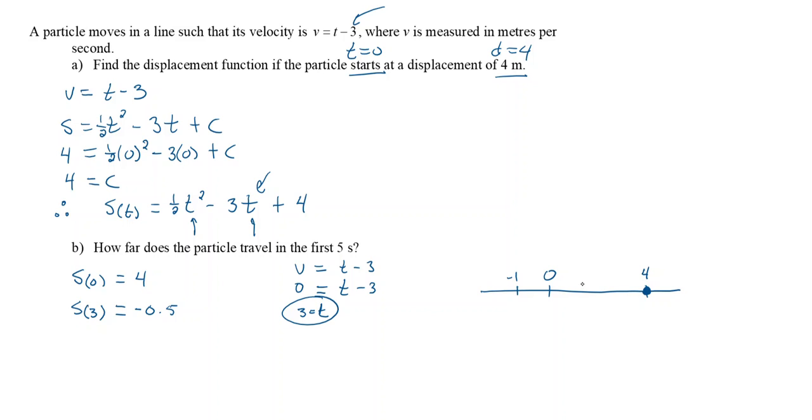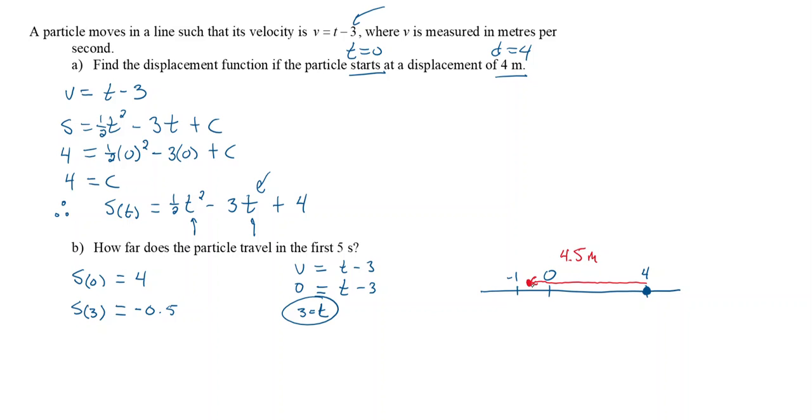Our very first journey after 3 seconds goes from here to about here, negative 0.5. How far would that have been? That would have been 4 plus 0.5, the absolute value of 0.5. Either way, we went 4.5 meters in that direction.